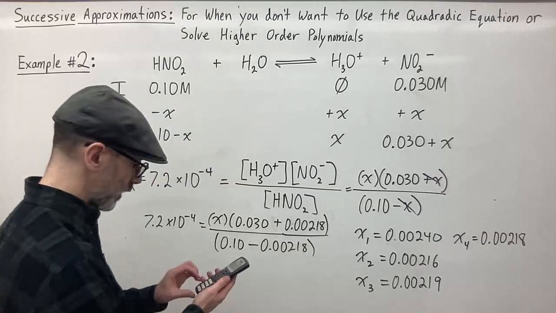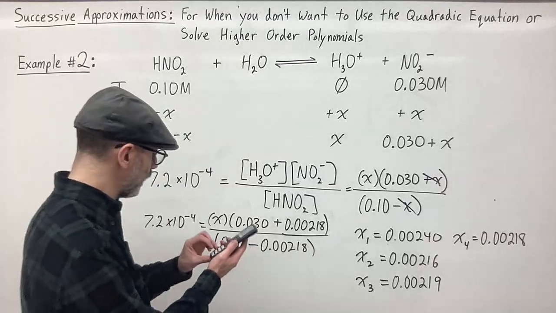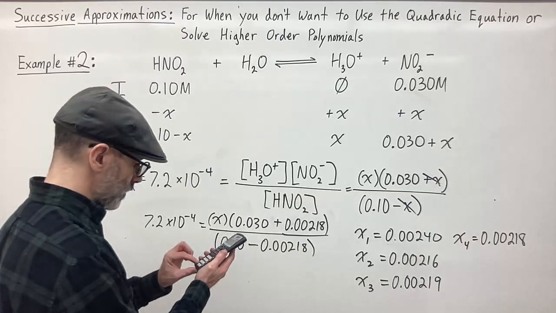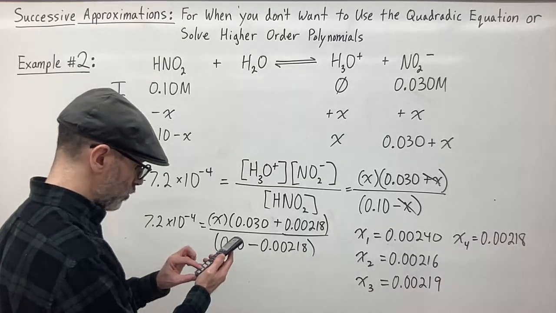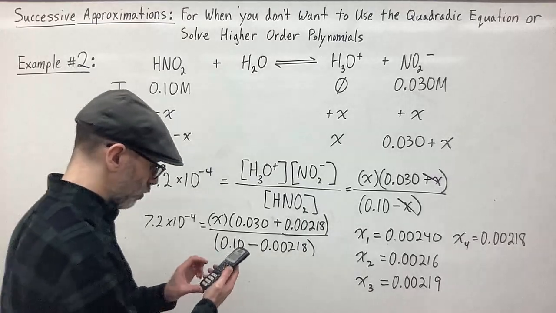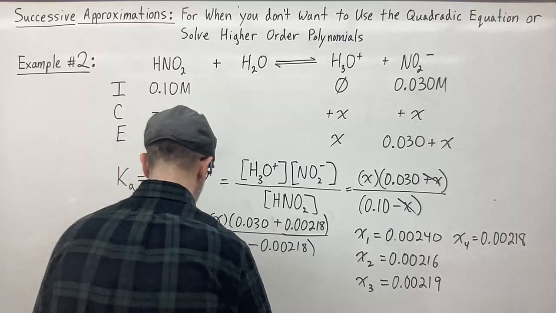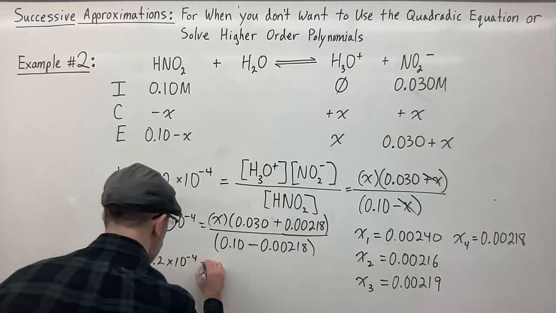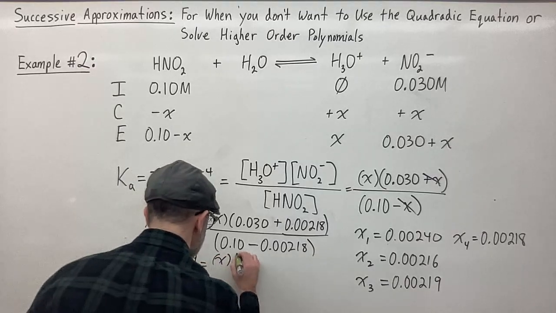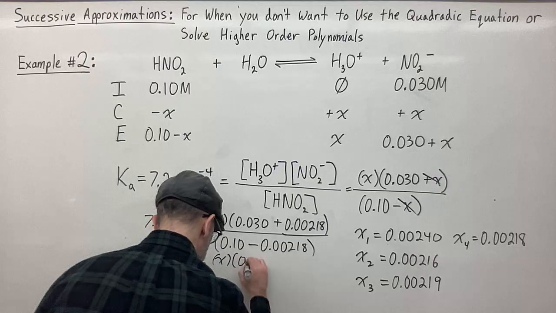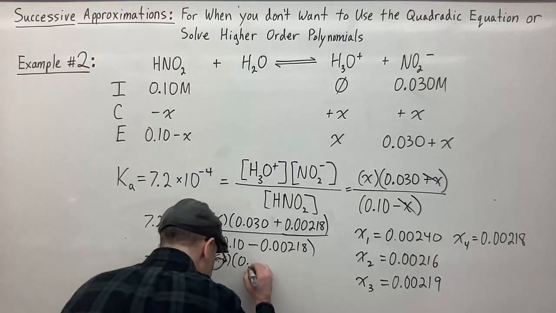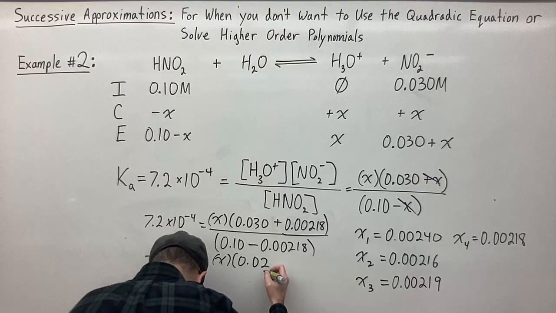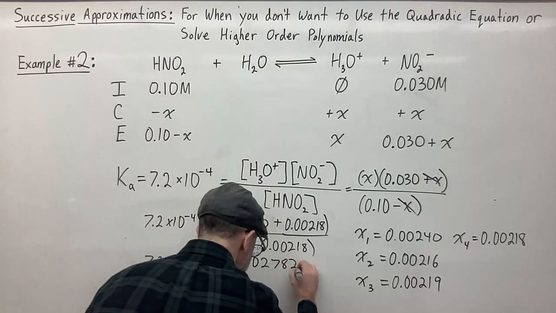And so let me do the calculations. I said I would skip it, but I'm going to do it anyway. So 0.03 minus 0.00218 equals, so it's going to be 7.2 times 10 to the negative 4 equals x times 0.02782.